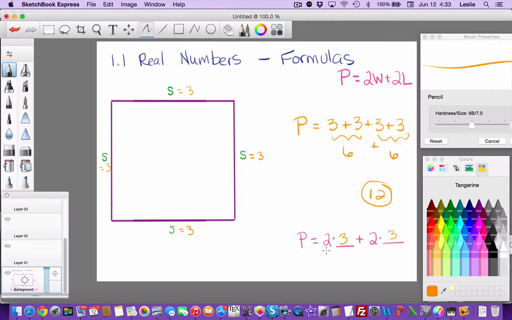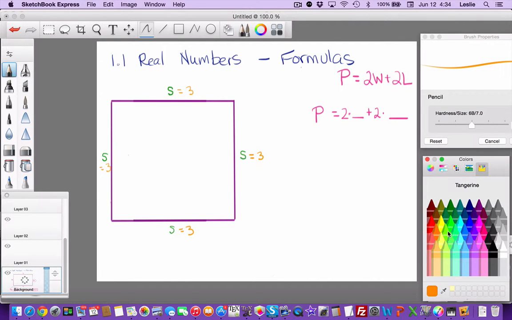Again, using the order of operations and doing multiplication before addition, I get a perimeter of 12. That's the perimeter of the square, and that's the same number as I got by doing it the other way.